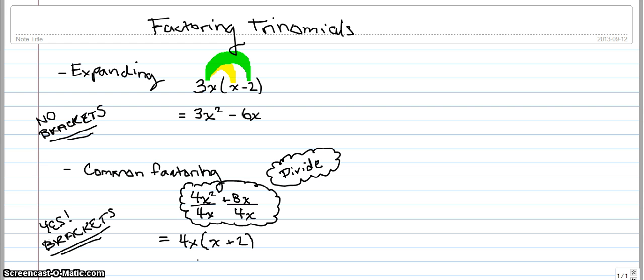These are actually exact opposites of each other. For expanding, you're going from a bracketed form to a non-bracketed form. With factoring, you're going from a non-bracketed form to a bracketed form. So make sure you are comfortable with doing both of these, expanding and common factoring, before you move on to factoring trinomials.